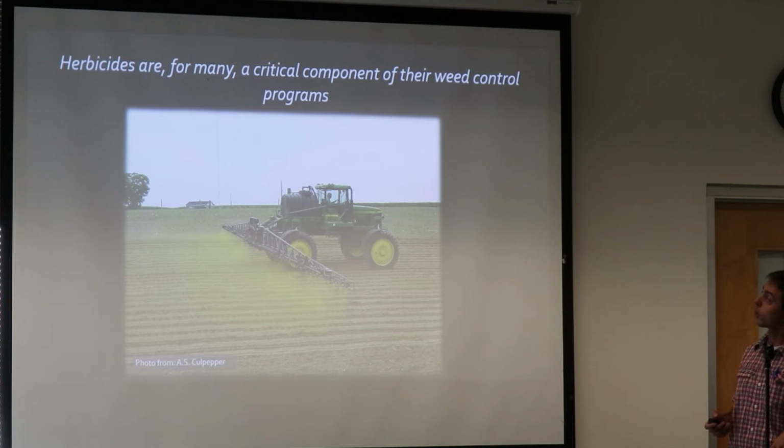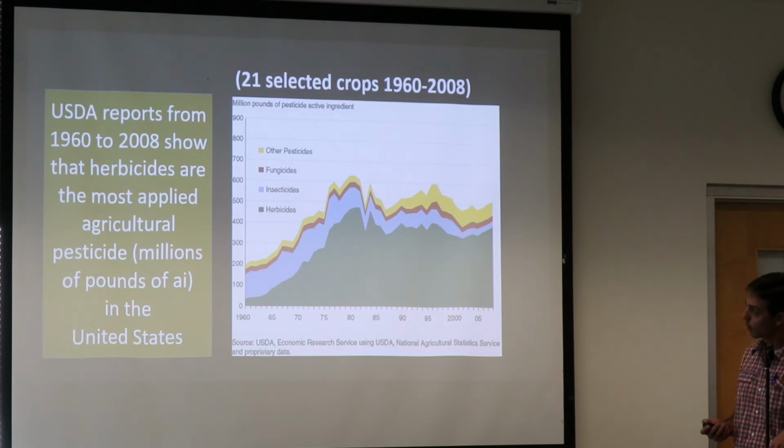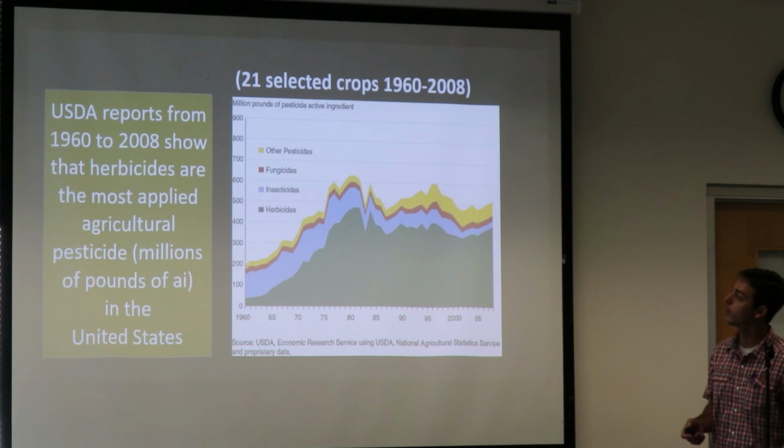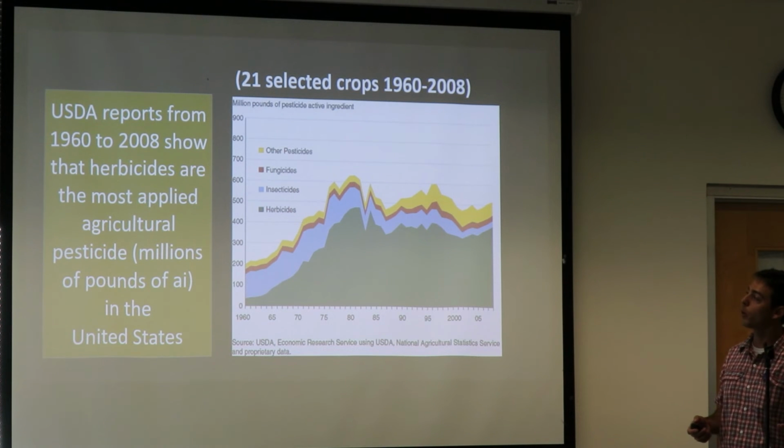Herbicides are for sure one of the most widely used and a critical component of weed control, weed management. There are no problems at all with using herbicides. It is just one of the many tools that we have that we should use in our weed management.